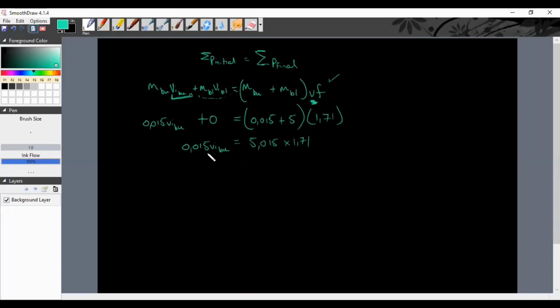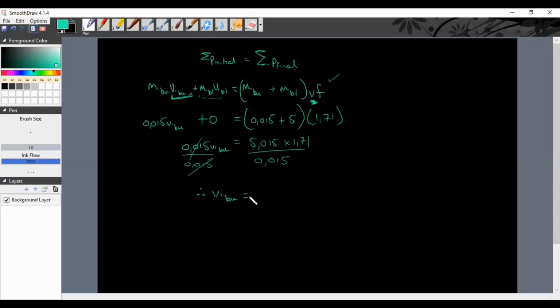We're looking for this on its own, so we get rid of the 0.015 on the side, and we divide: 5.015 times 1.71 divided by 0.015. Therefore, we should get the velocity of the bullet before it strikes the block.